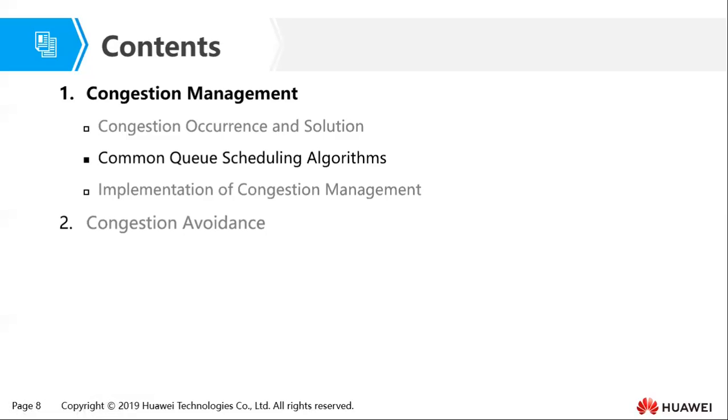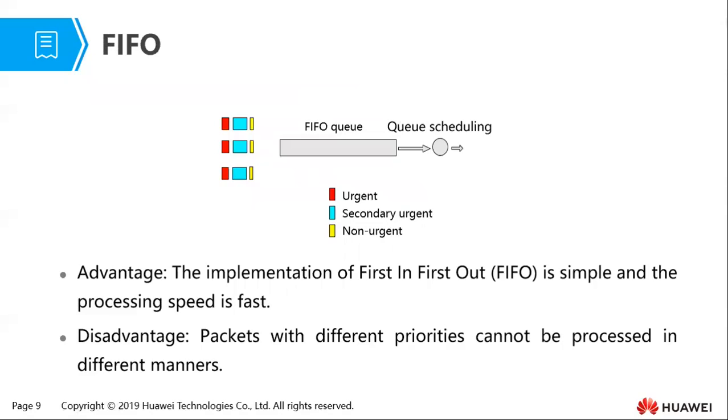So, common queue scheduling algorithms. We begin with FIFO. This is the default, uses the best effort model, and does not classify packets. The red packets here are very urgent.